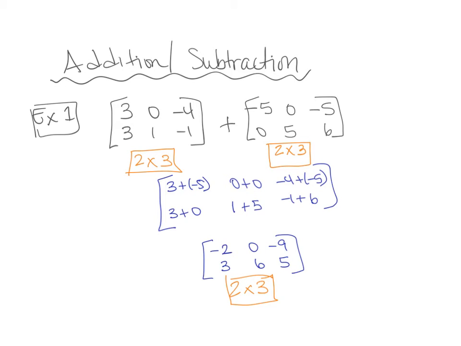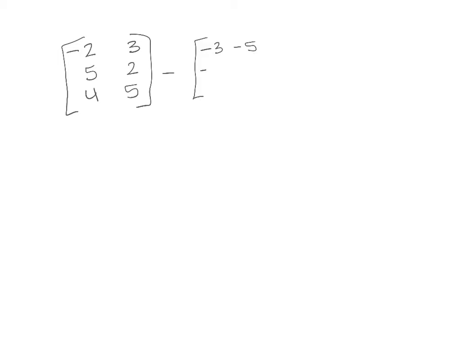Let's try another one. Let's look at the matrix negative 2, 3, 5, 2, 4, 5. We put our little brackets around it saying that it's a matrix. This time we're going to subtract another matrix from it: negative 3, negative 5, negative 5, 0, 0, 0.